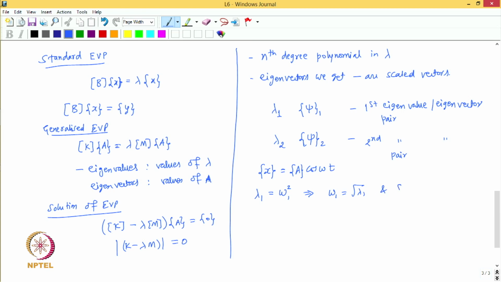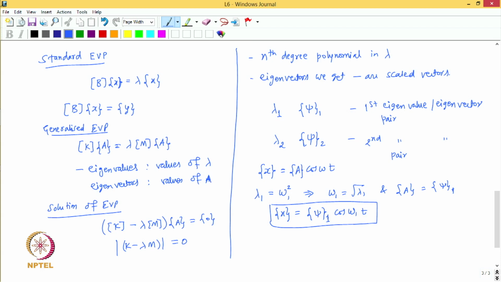And then we can also replace A by the first eigenvector, right. So, when that is done, what we get is the free vibration solution based on the first eigenvalue eigenvector pair, right.